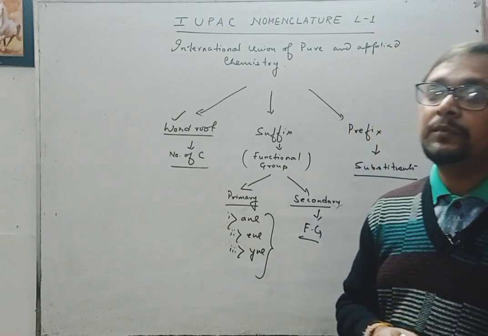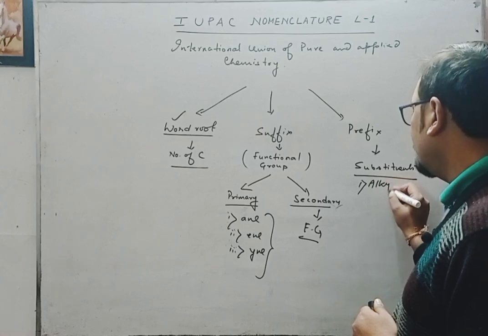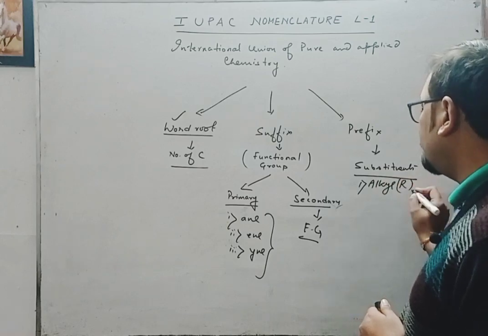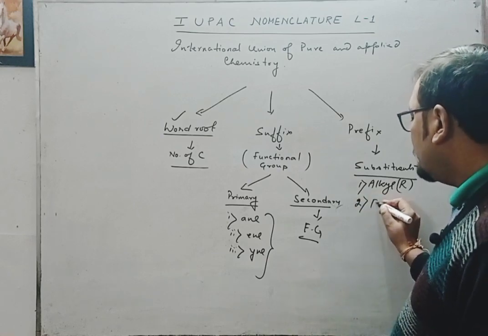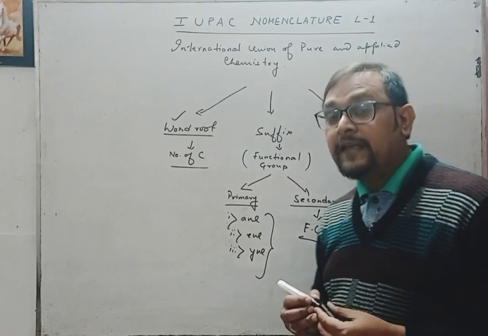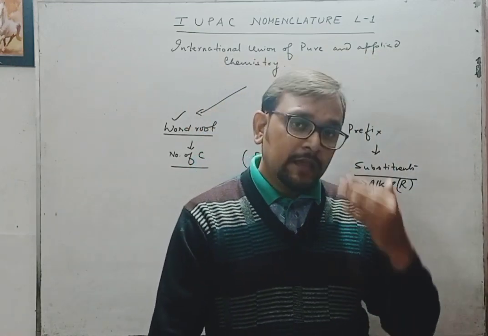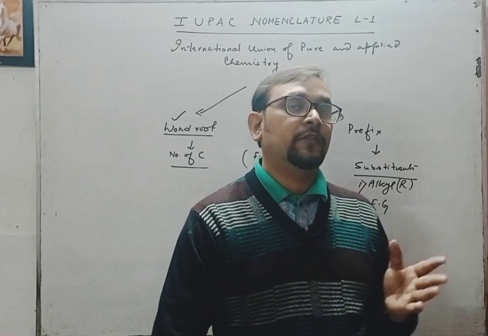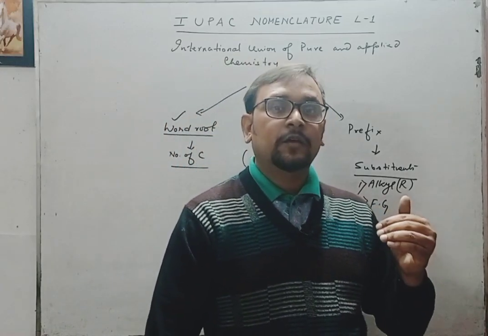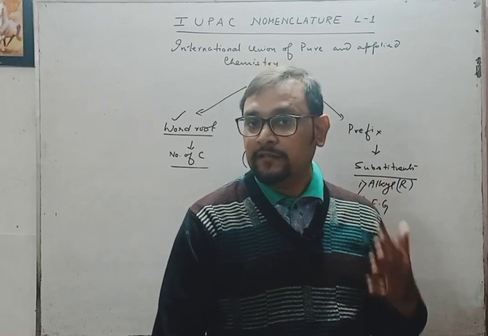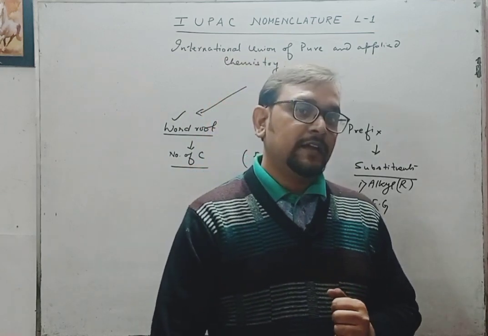Most of the time the substituents are alkyl groups, represented by R, and they can also represent a functional group. When will they represent the functional group? If there are more than one functional group in a compound, then we use the prefix for the functional group which is lower in priority.